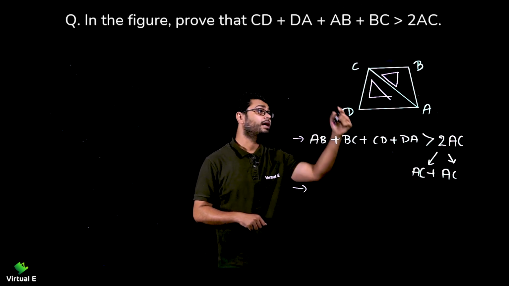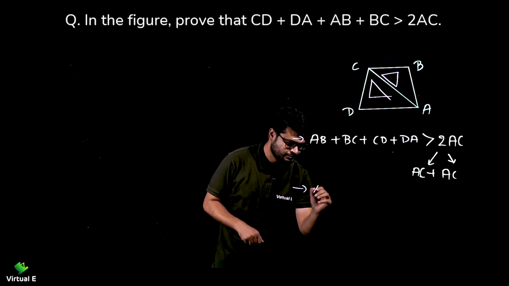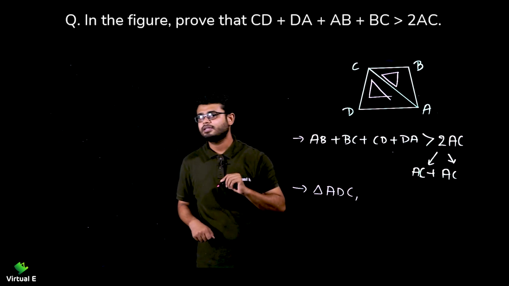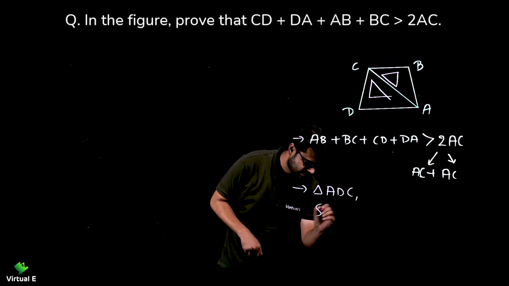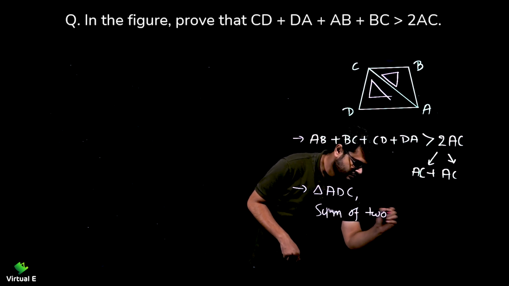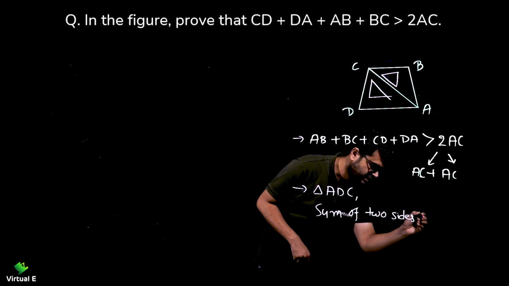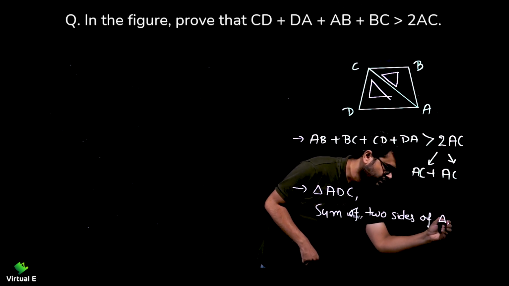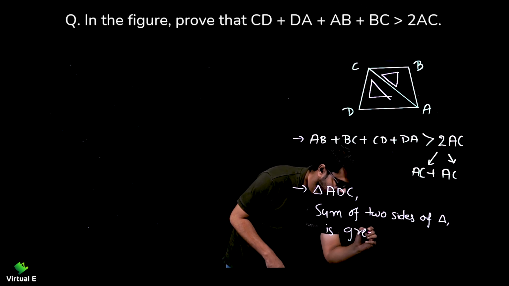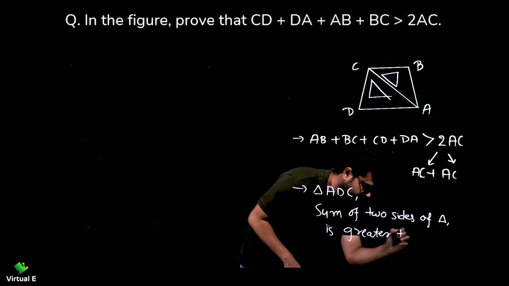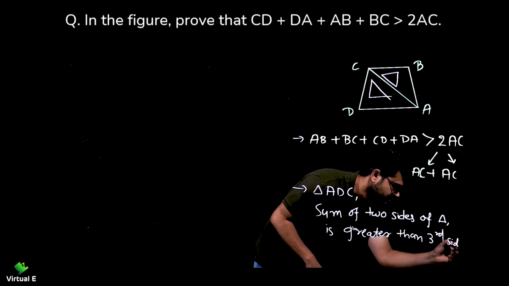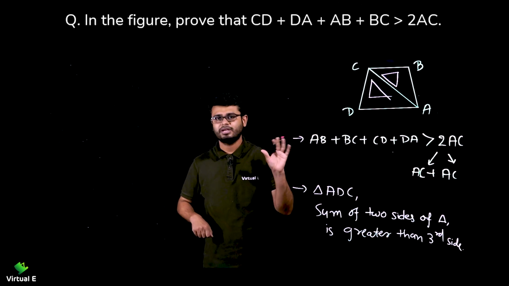For triangle ADC, we are going to use the triangle inequality theorem, that the sum of two sides of a triangle is greater than the third side, right? We know this very well.